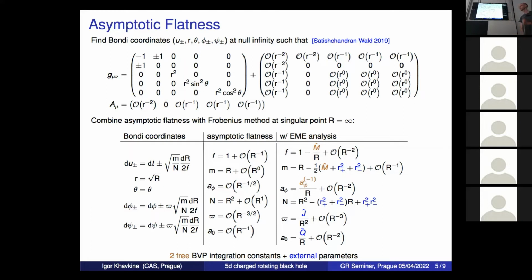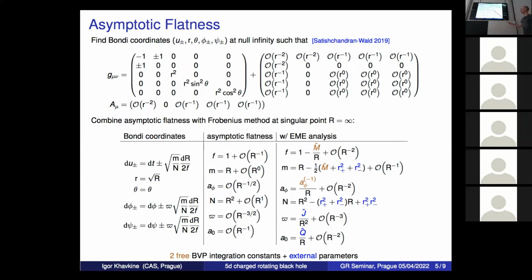Okay, right. So the point of this part is that after applying the Frobenius method, we have determined the general solution of the Einstein-Maxwell equations in this reduced form that satisfies the asymptotic flatness conditions, really in the strong sense that there is this Bondi coordinate at infinity, which satisfies these leading asymptotics.